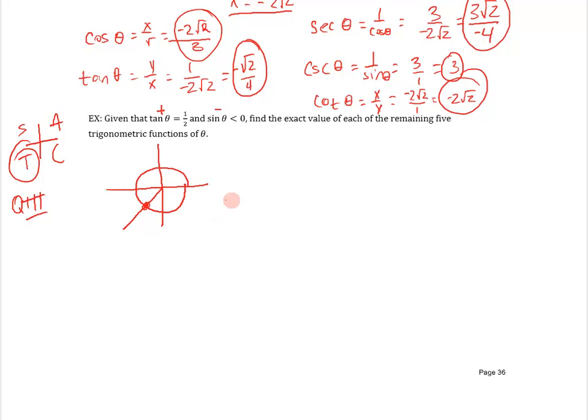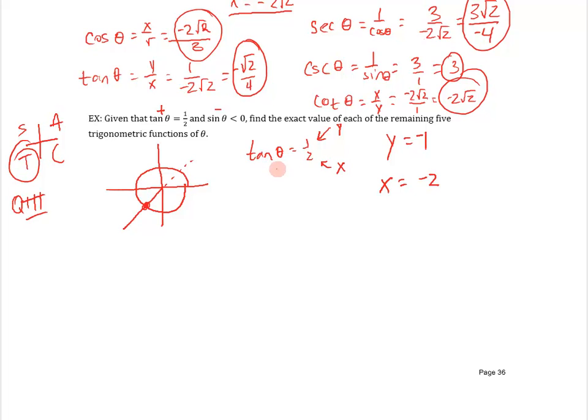Now if tangent of theta is 1/2, we could let this be y and this be x, except that if I did positive 1 and x is equal to positive 2, I'm up here, right? But I could also do negative and negative to get me down here in the third quadrant. So you've got to check what quadrant you're in and then choose the values.